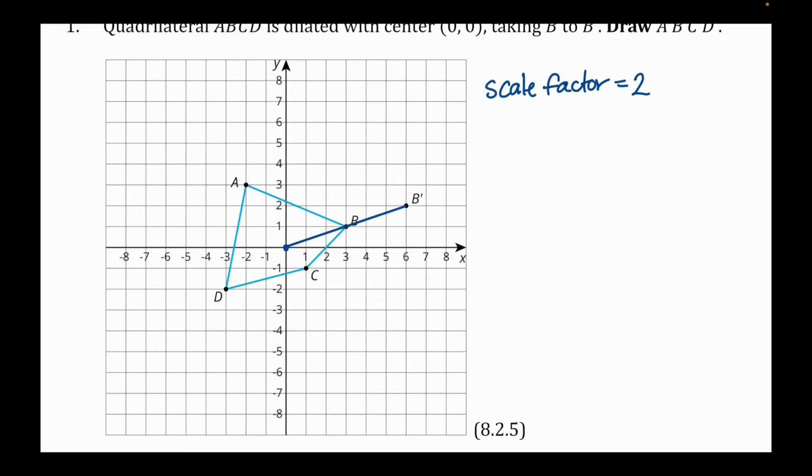So if my distance from A goes up 1, 2, 3, and over 2, I can go up 1, 2, 3, and over 2 again to find A prime. So that would put A prime right here. We're going to do the same process for B, but I'll draw so you can see here.